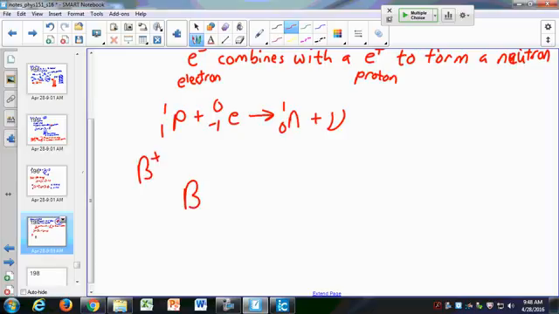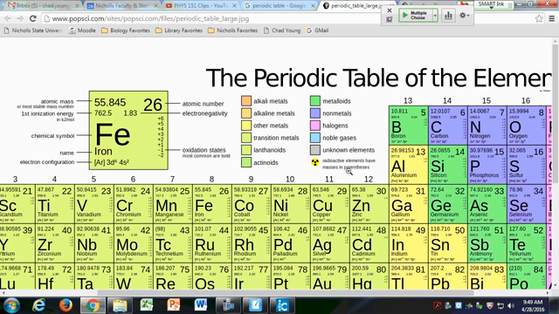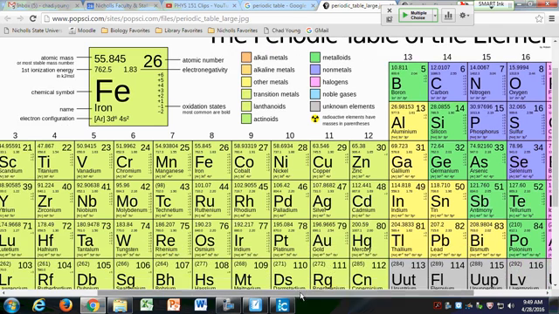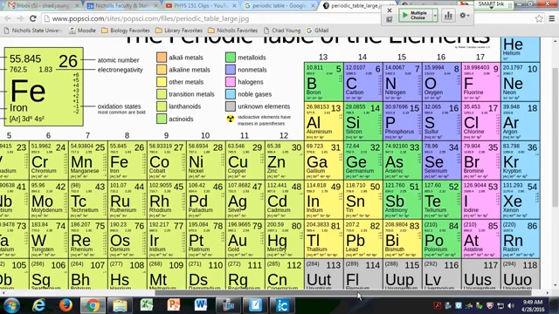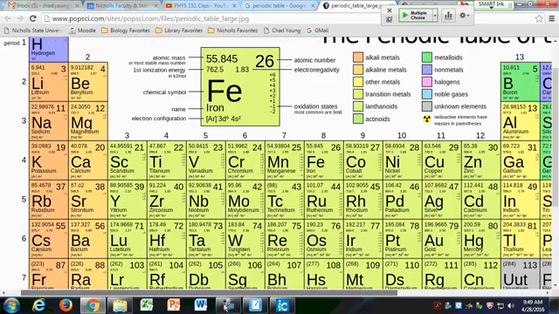This is just an example. If I start with beryllium 7, beryllium has 4 protons. It captures an electron. What is it going to form? All right, let's look at our periodic table. Is it 4? Oh, yeah, there it is.